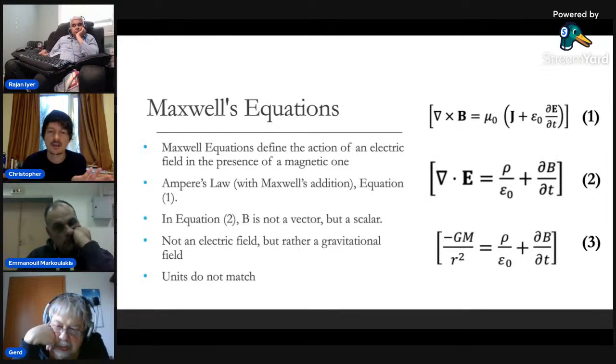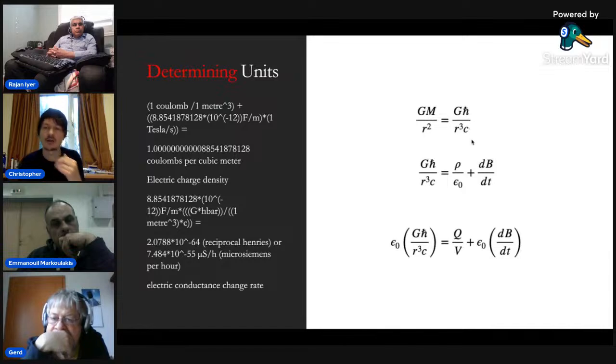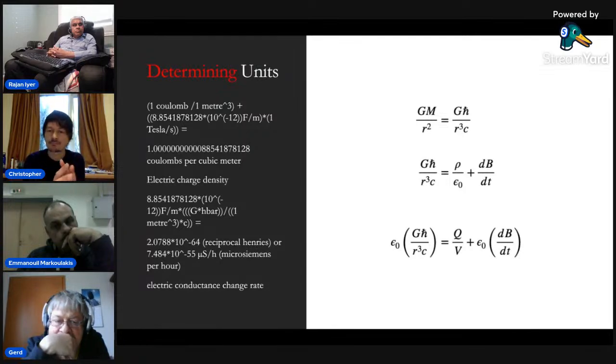We're kind of stuck. So to move on from that, I decided to borrow elements from general relativity and alter the mass terms into h bar over c times r cubed, I think it is, and combine the two, essentially the gravitational field equation and the Planck length equation together, so that the units are more compatible.